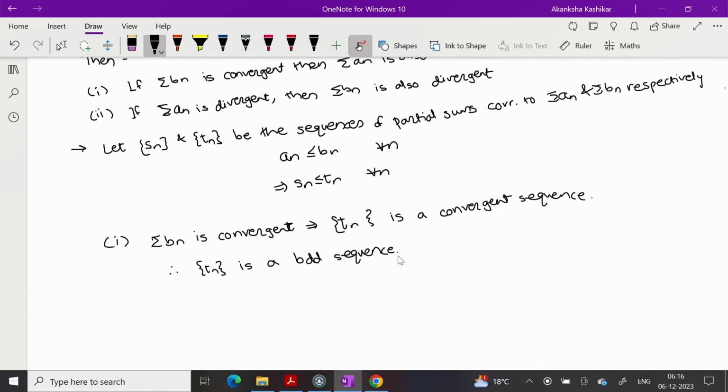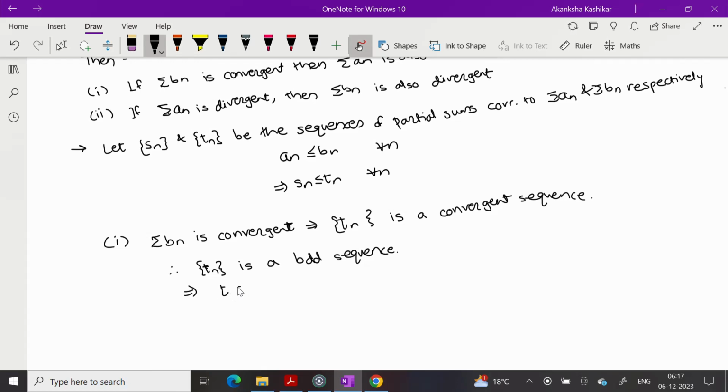Tn is a bounded sequence implies there exists an upper bound. In fact, we are assuming that an and bn are non-negative. As a result, summation an and summation bn are increasing. So Sn and Tn are monotone increasing sequences, and we have proved that a monotone increasing sequence converges to its least upper bound.